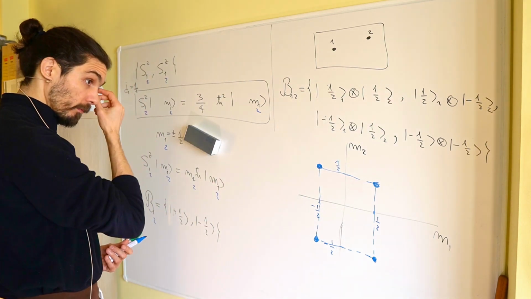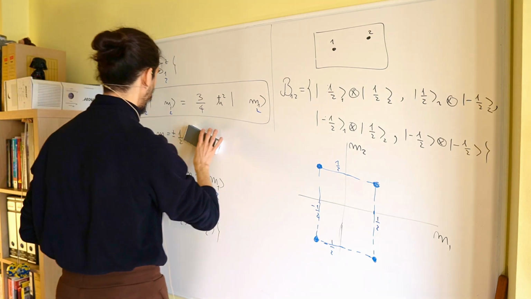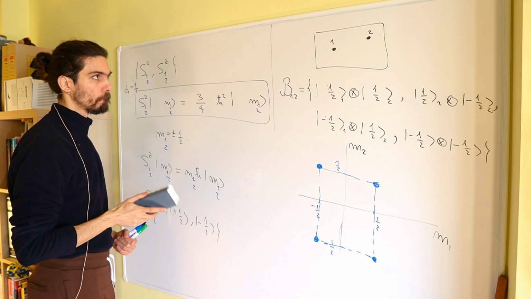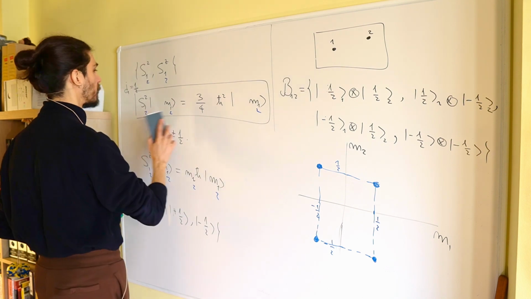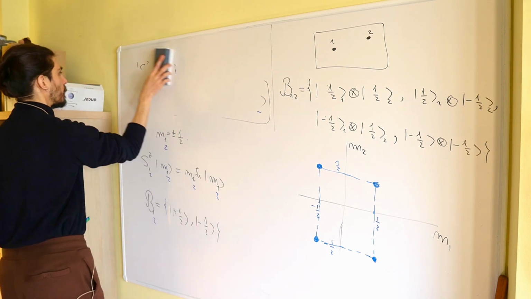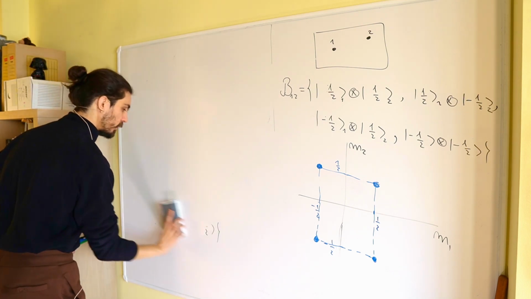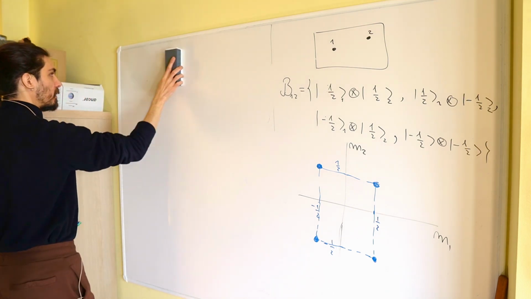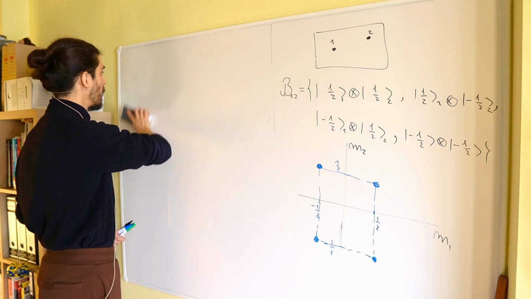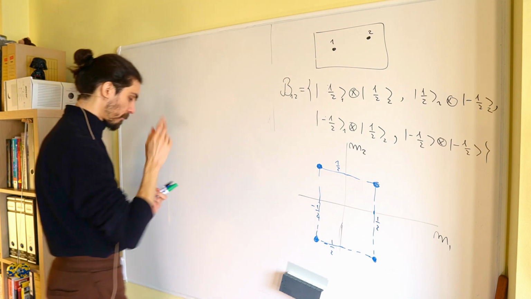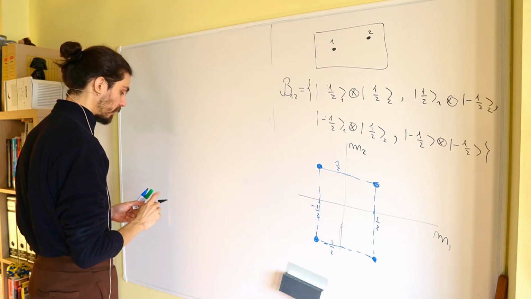But now, let us make the following observation. We just constructed a basis for our spin with 2 electrons. But first, let's do this observation.